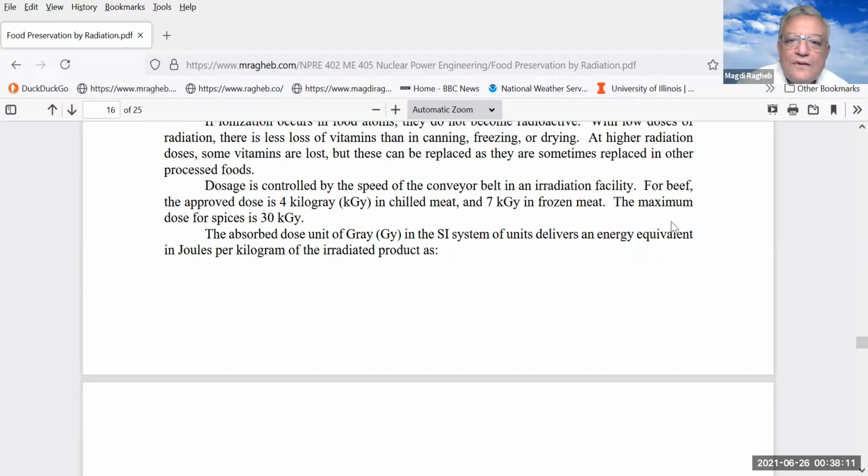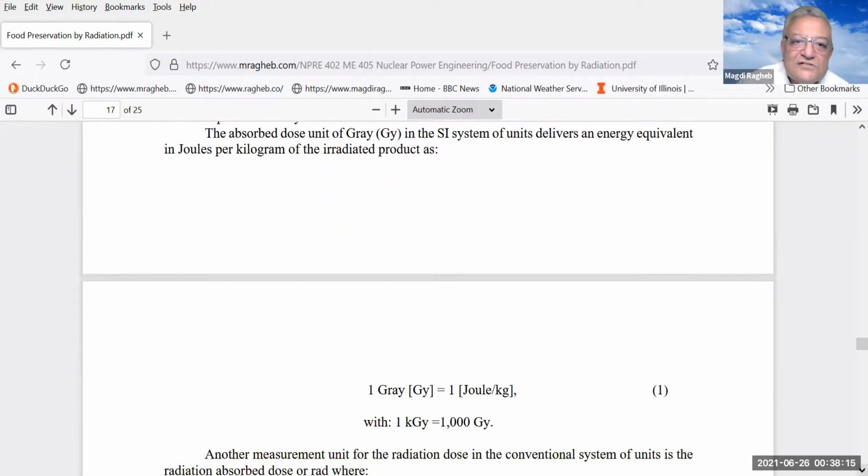You'll find that we define in that case in the SI system of units, the Système International unit that we call the gray. The gray is abbreviated as Gy, because Mr. Gray was one of the pioneers in studying the effects of radiation. 1 gray is the delivery of 1 joule of energy per kilogram of the material.